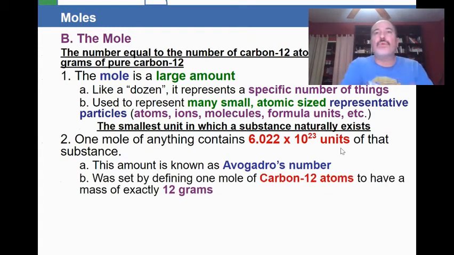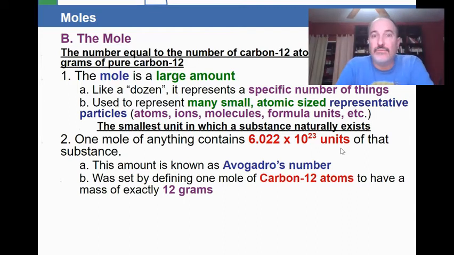That's why the definition was set by saying, all right, if you have exactly 12 grams of carbon-12 atoms, that's how many a mole is going to have. Whatever number of atoms make 12 grams, that's how many is going to be 1 mole.